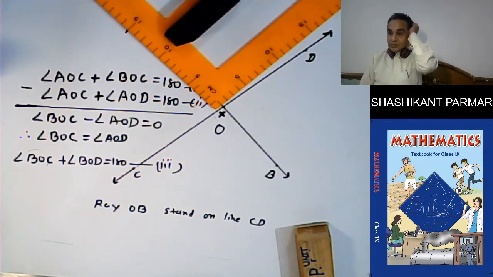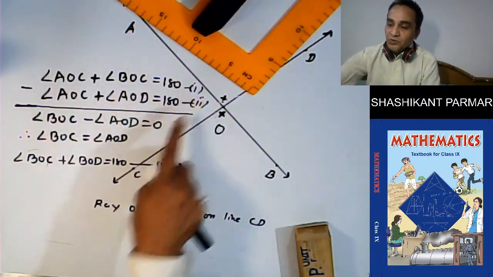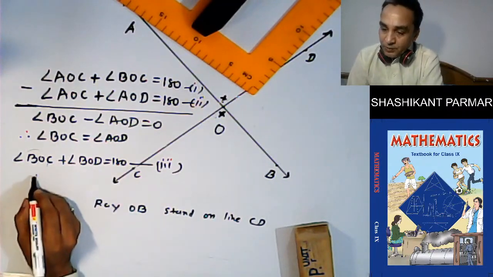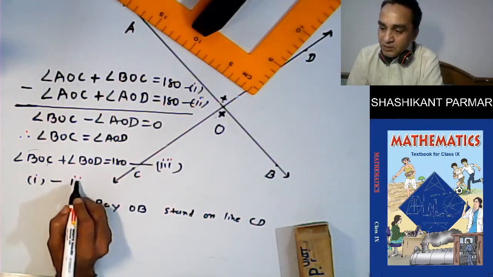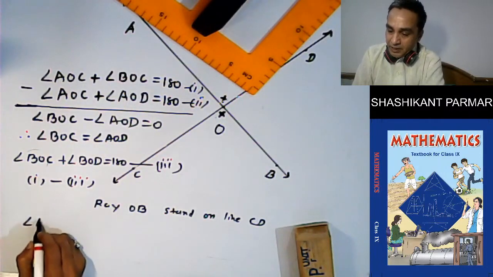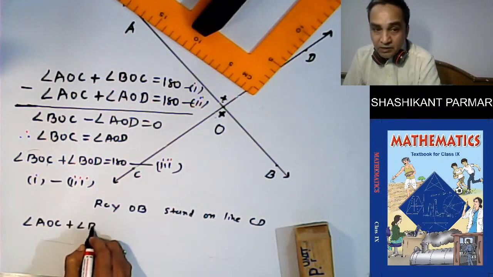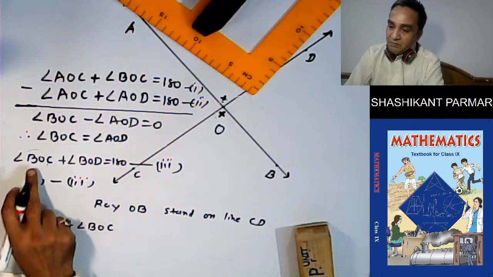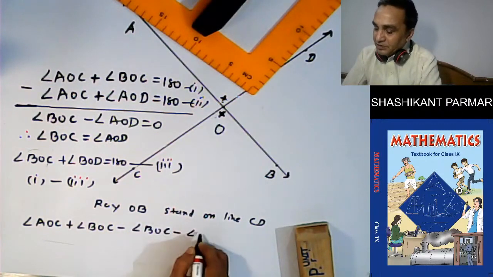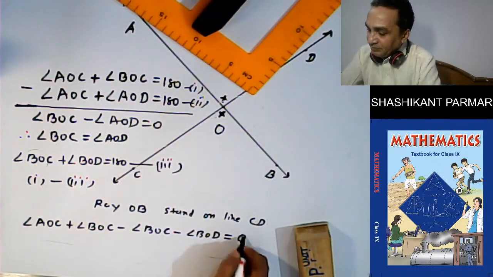Now see, the first one: AOC plus BOC is equal to 180. The third one: BOC plus BOD is equal to 180. So 1 minus 3: angle AOC plus angle BOC minus angle BOC minus angle BOD is equal to 180 minus 180, that means 0.